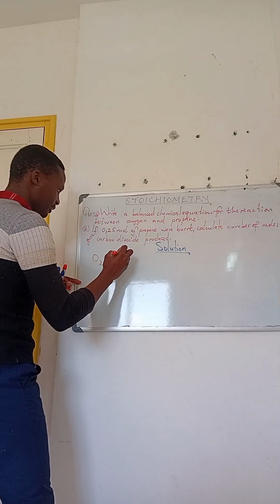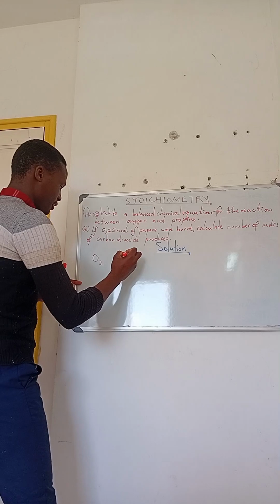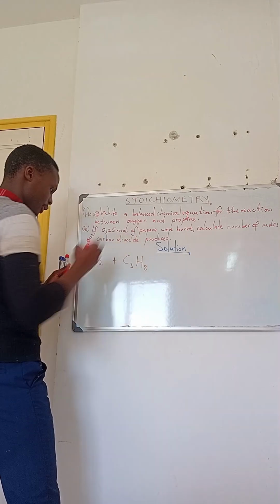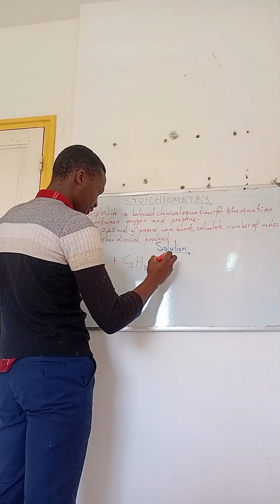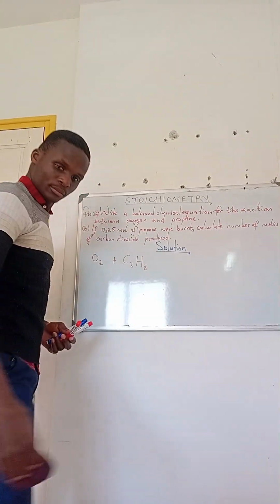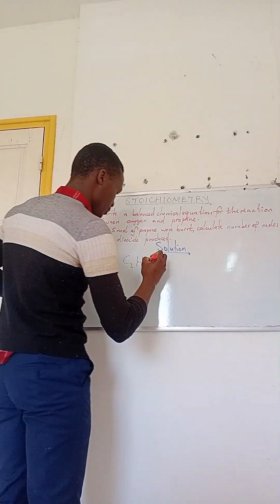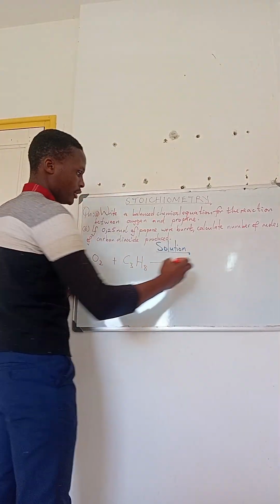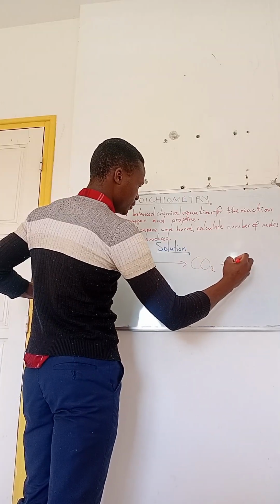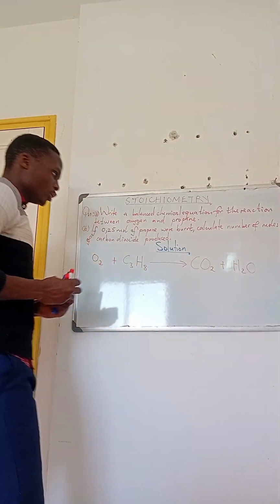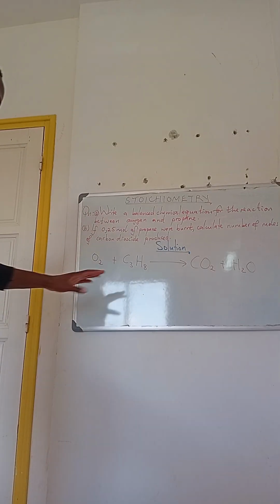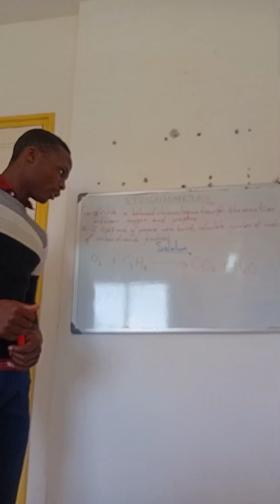O2 plus propane, which is C3H8, then we produce carbon dioxide plus water. So this is the chemical equation for the reaction between propane and oxygen.